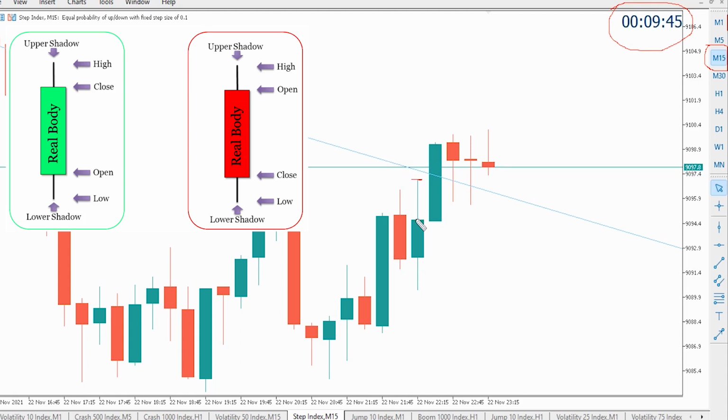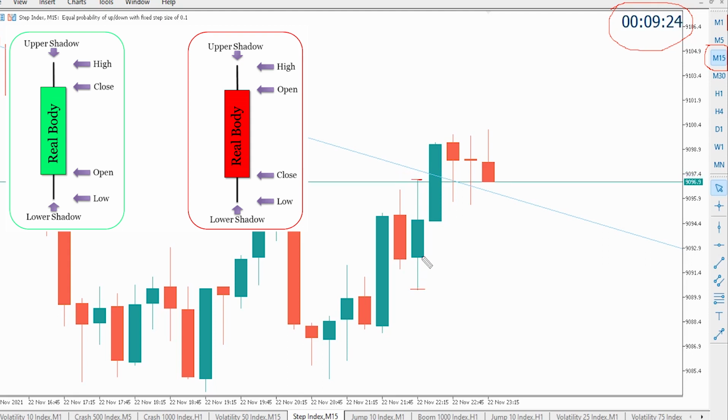So this pin you're seeing here is either called the shadow or the wick. And also, this bottom here is the lowest point the candle went to during formation. So this becomes the lower wick or shadow.